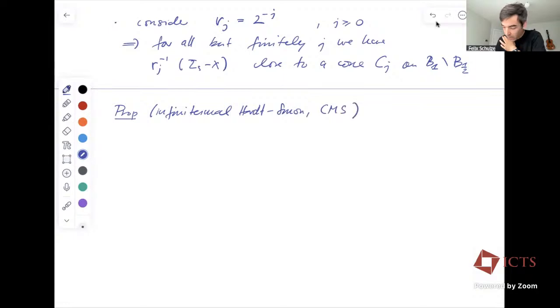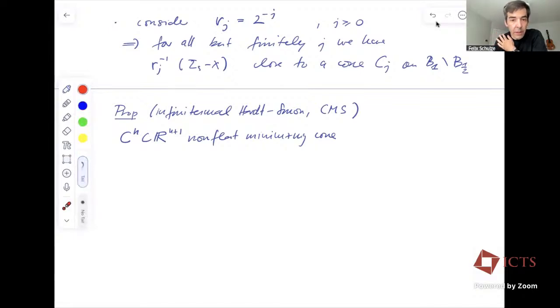So the statement is as follows: if you have a cone in R^{n+1} which is a non-flat, area minimizing cone. The important thing is there's no assumption on how the singular set of this cone looks like. This can be completely general.